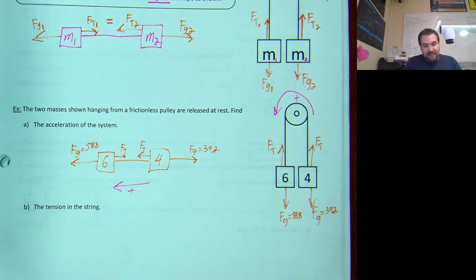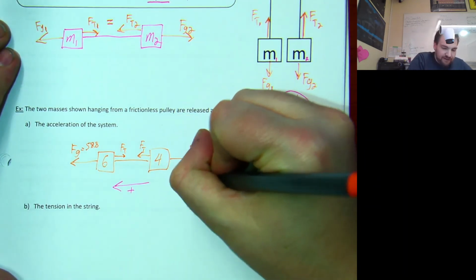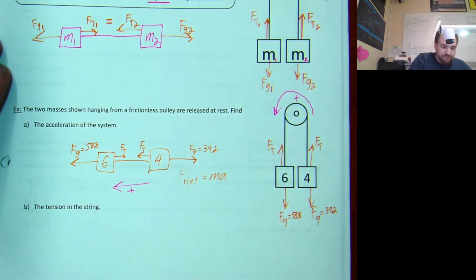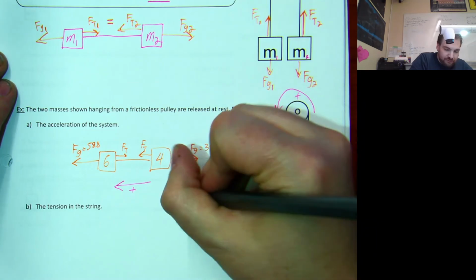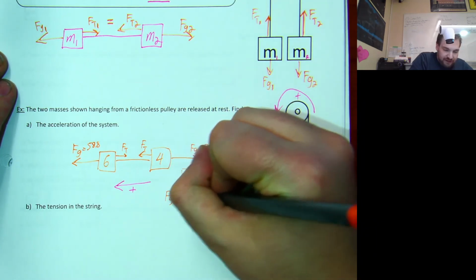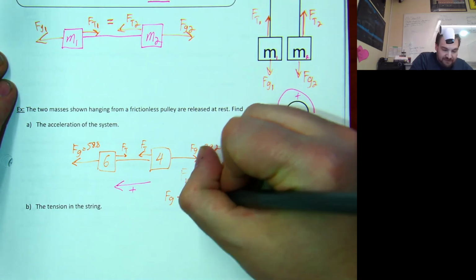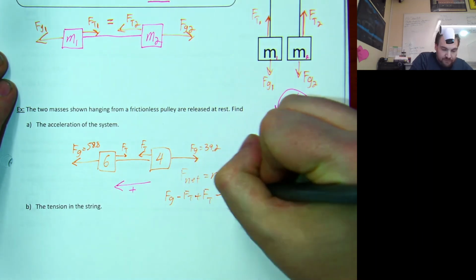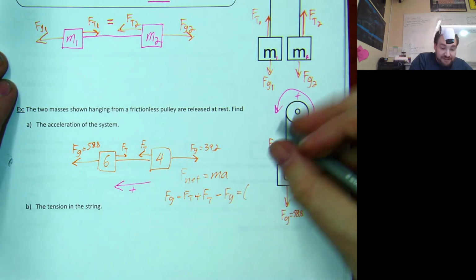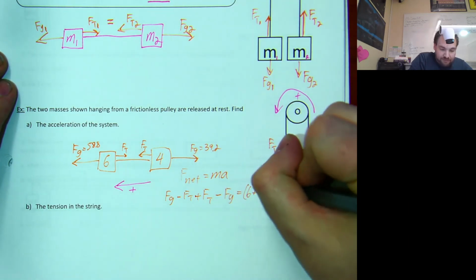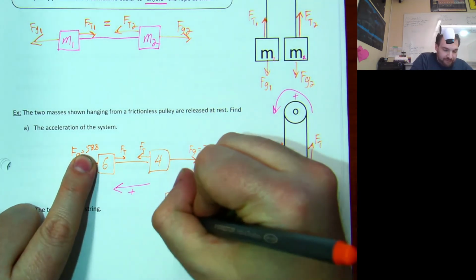So then to find the acceleration of the system, F net equals ma. I'm going to have Fg minus Ft plus Ft minus the other Fg equals the mass of the system, because the system accelerates together. So this Fg is the 58.8.